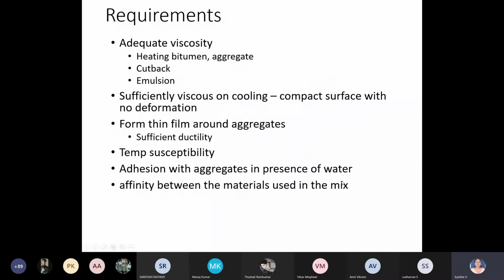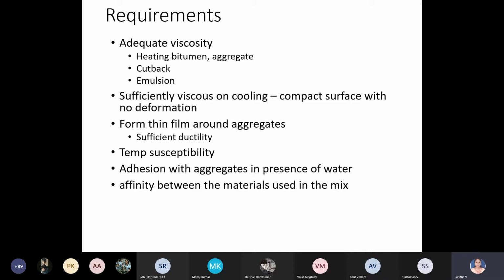Then there is temperature susceptibility. As I mentioned earlier with viscosity, the viscosity of the bitumen will change with temperature. When you are heating the bitumen, its consistency is changing. So how do we measure it?